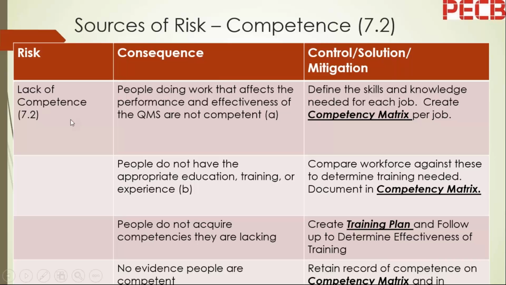Remember I told you that we're talking about methods to determine what are the documents necessary to meet the purpose of the standard. These are the documents that are going to be necessary to meet the requirements of the standard.